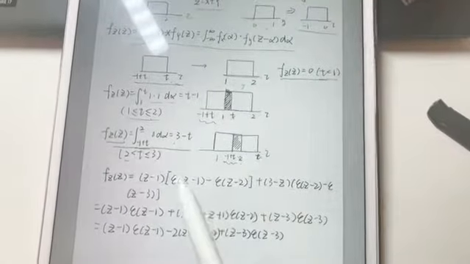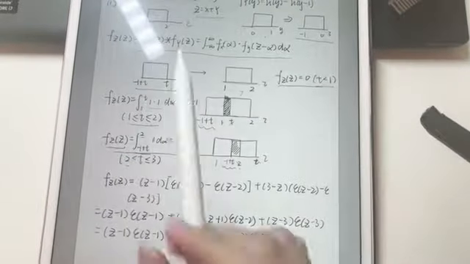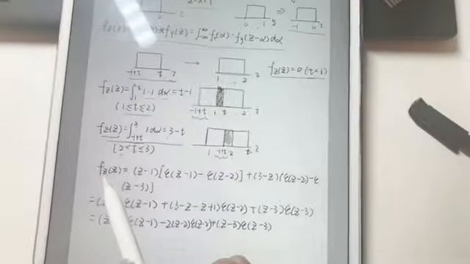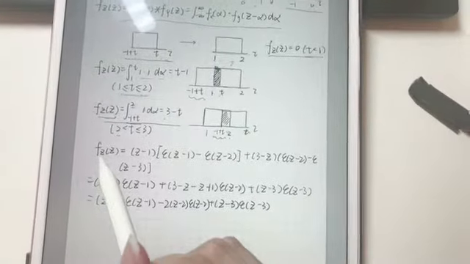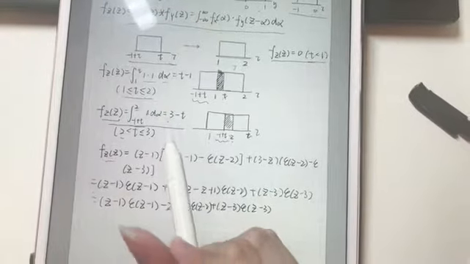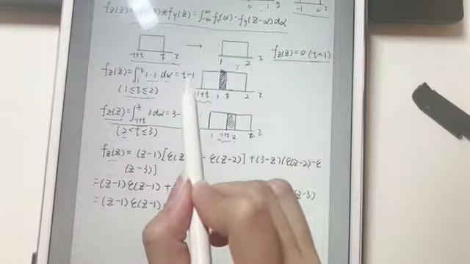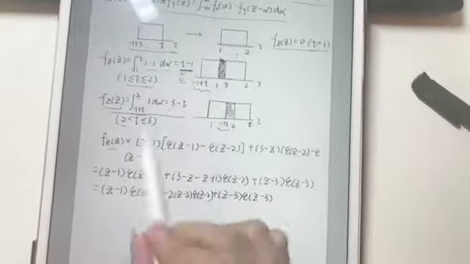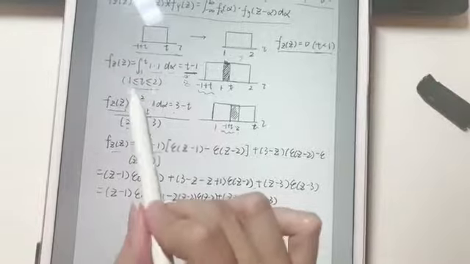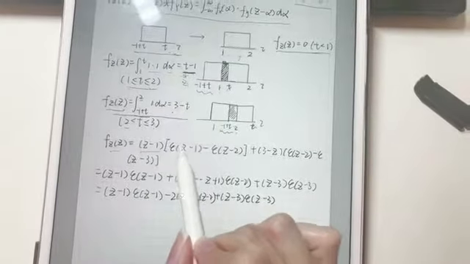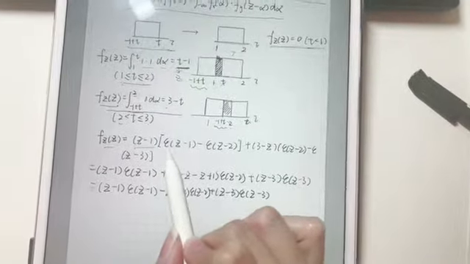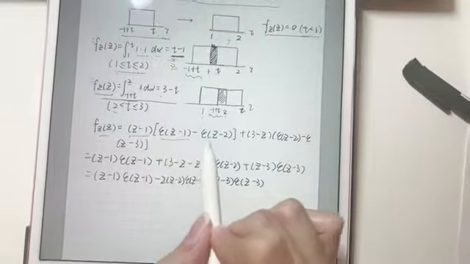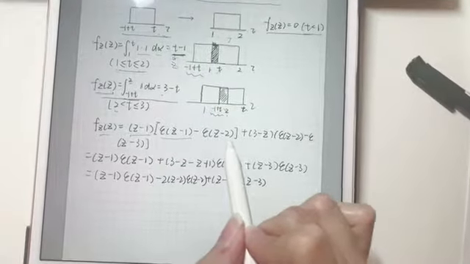Now that we have the little PDF in the 3 situations, we can write them together. The little PDF of z equals t minus 1 for t from 1 to 2. That can be written as t minus 1 times the step function of t minus 1 minus the step function of t minus 2.